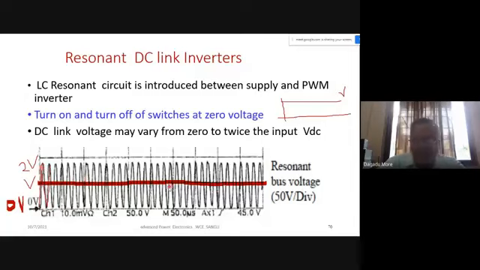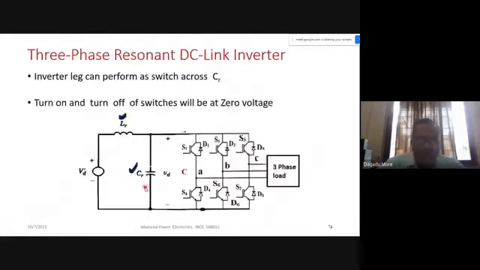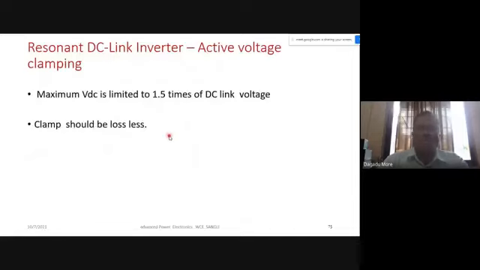We can clamp it to 1.5 times. And for that, we are using one additional circuit, that we can call active voltage clamping.